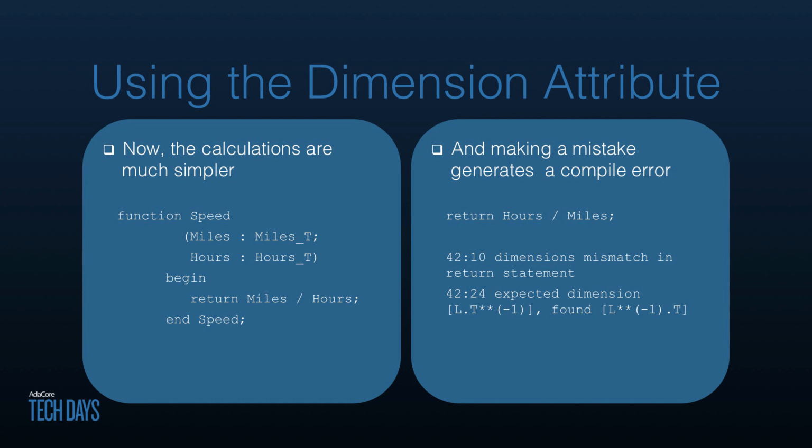Cool, and that's valid because of the dimension system. If I make that mistake and say divide hours by miles, now it's a compile error. I'm not casting the type back and forth, so it allows me to enforce strong typing even when I have to combine types.